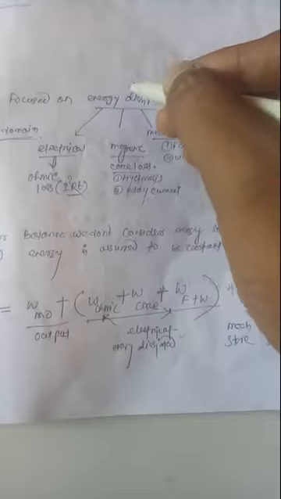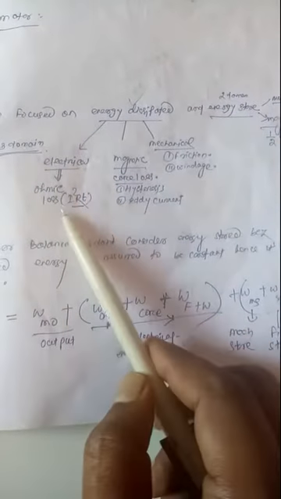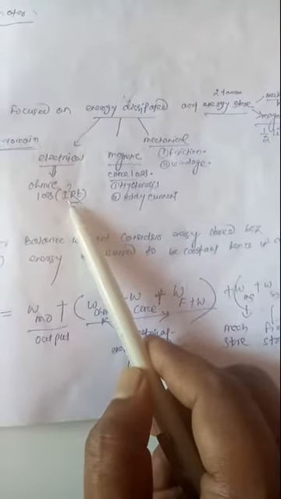Here the energy dissipated is elaborated. It may be ohmic, that is, electrical losses, equal to I square R T. If you consider magnetic energy dissipation, there are two types, both core loss. The core loss is divided into hysteresis loss as well as eddy current loss.